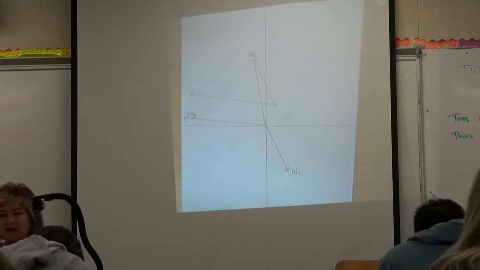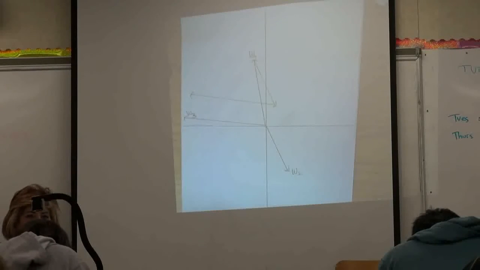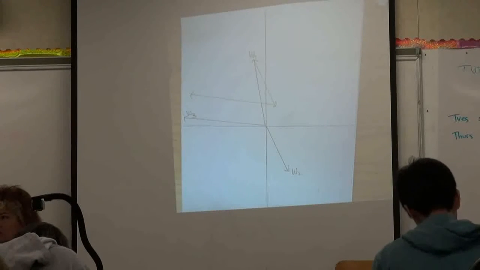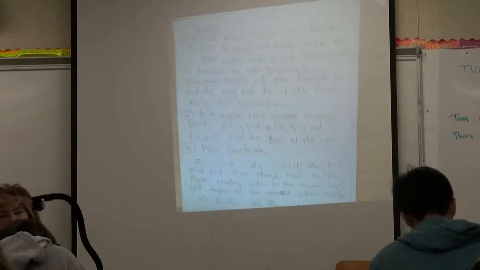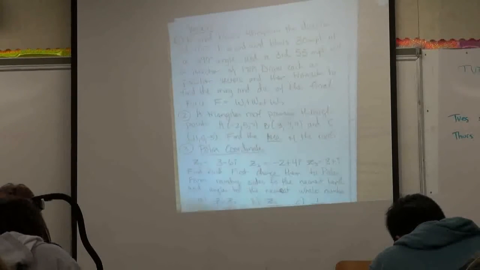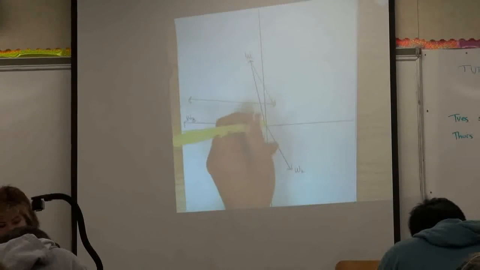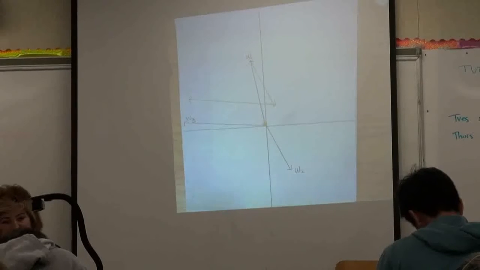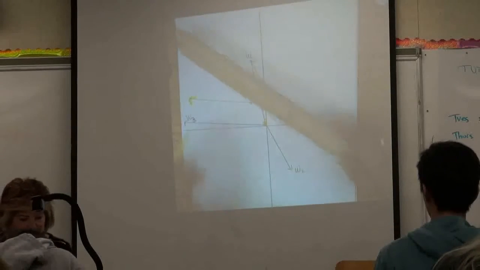And then finally, we always need to remember to draw our resultant vector, which you could label as R, or based on the instructions, you could label as W1 plus W2 plus W3, or F. The way we draw it is it starts where everybody starts, and it ends where everybody ends.